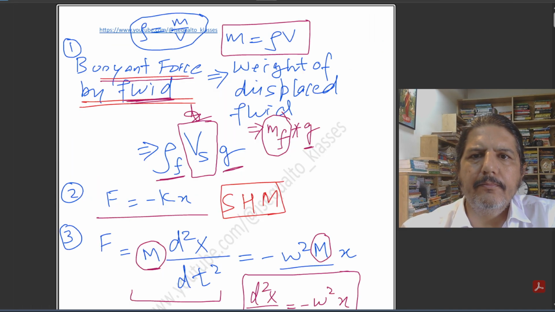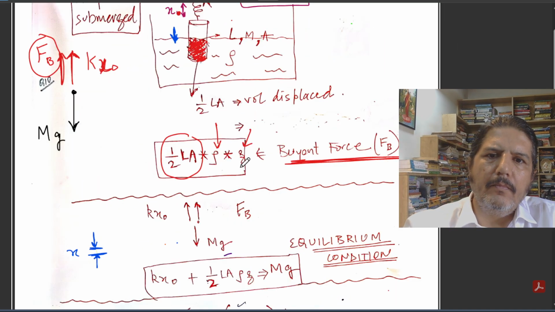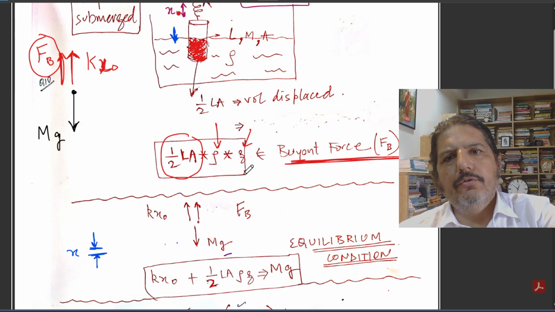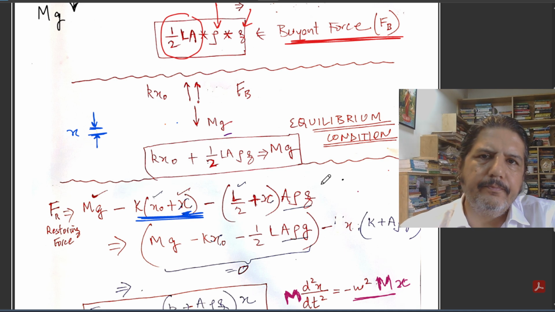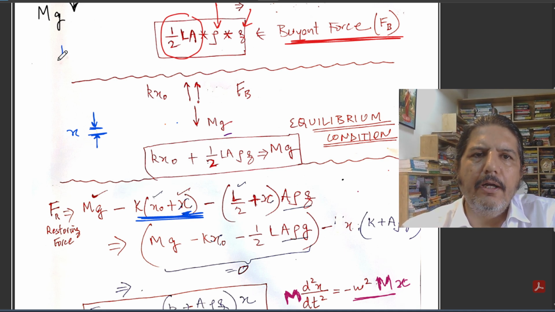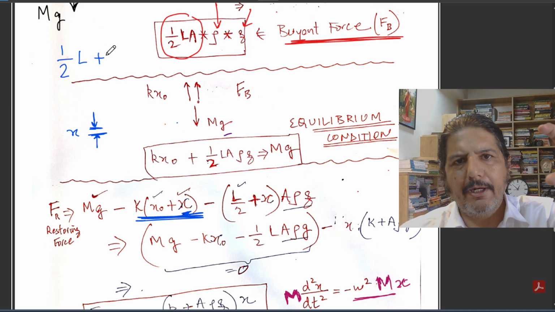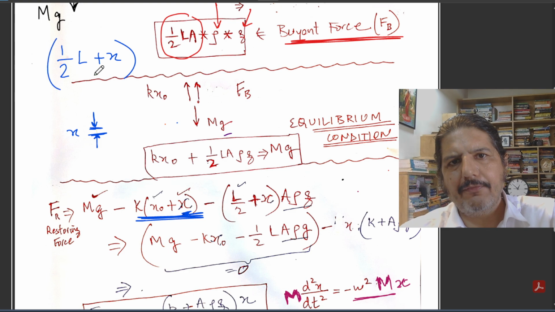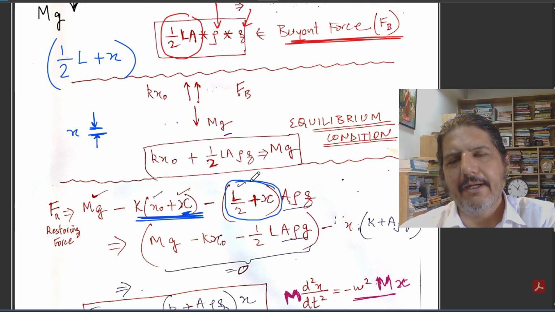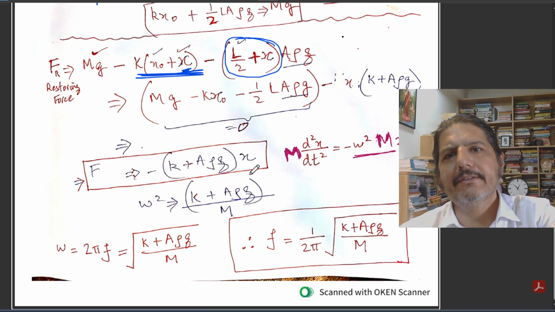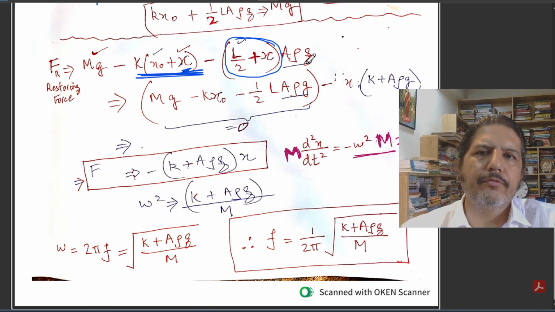So if previously half L was submerged in water, now due to additional x, L by 2 plus x will be submerged. This is the additional amount, and due to it you will have additional buoyant force.